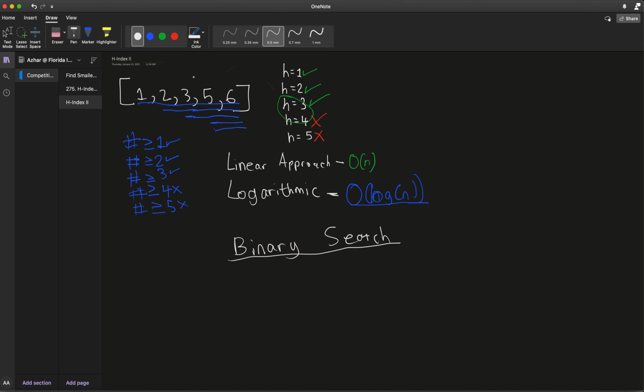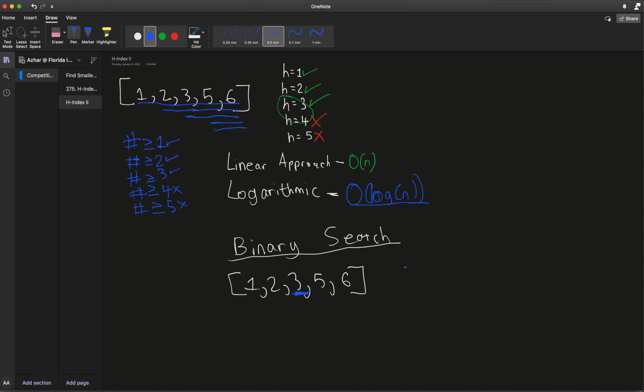Let's just start from the middle, and let's just take binary search in general to find our h index. So let's start with 3, right? Let's start in the middle, or let's say we have our original array. I'll write it back down here. 3, 5, 6. Right. Let's start with 3.